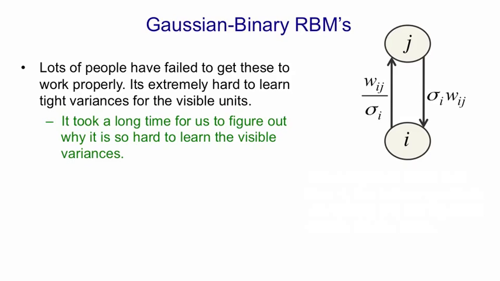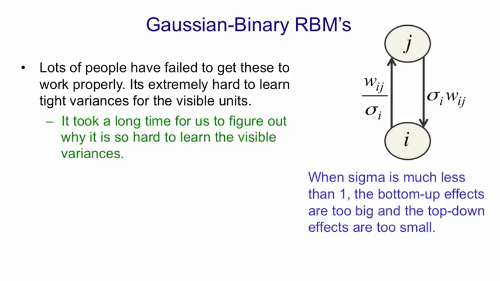So when the standard deviation of a visible unit i is very small, the bottom-up effects get exaggerated, and the top-down effects get attenuated. The result is that we have a conflict where either we have bottom-up effects that are much too big or top-down effects that are much too small. And the result is that the hidden units tend to saturate and be firmly on or off all the time.